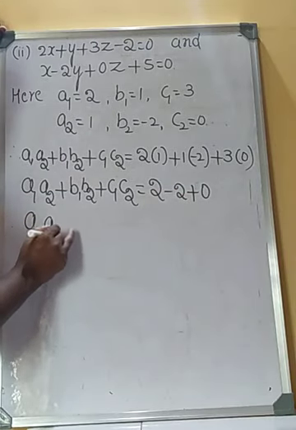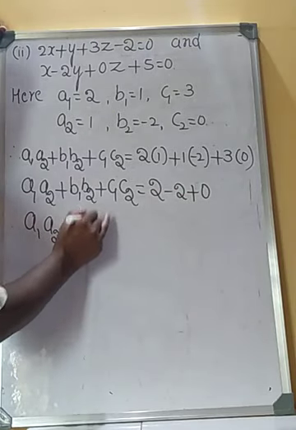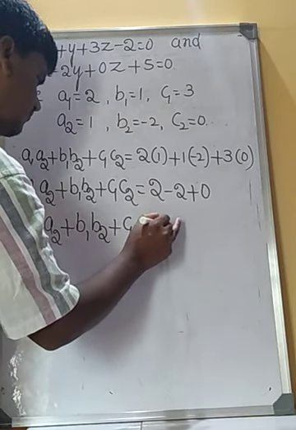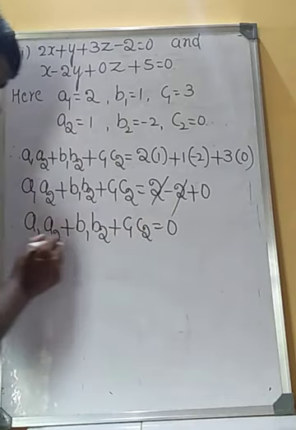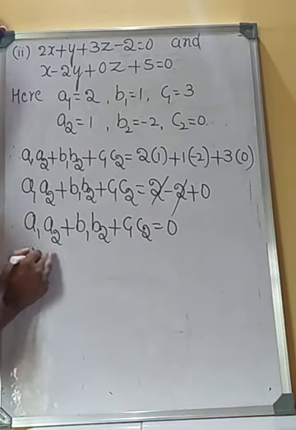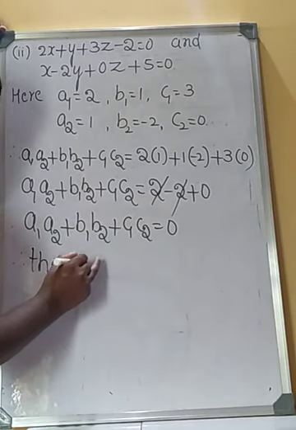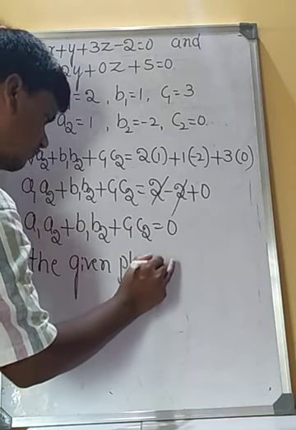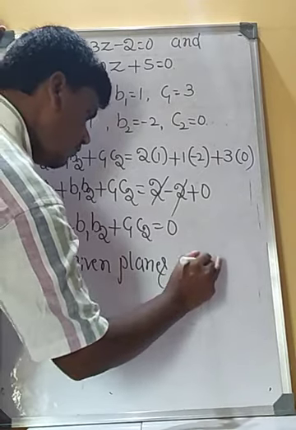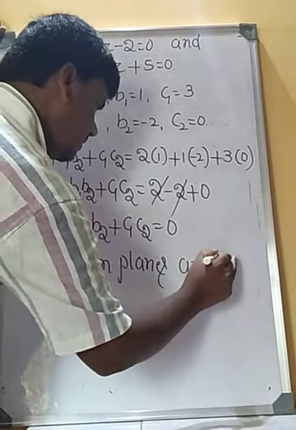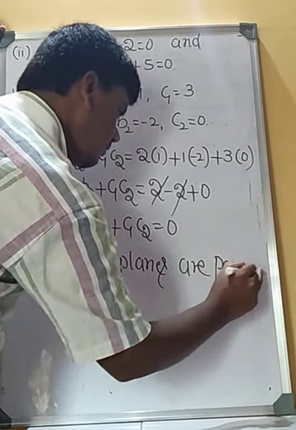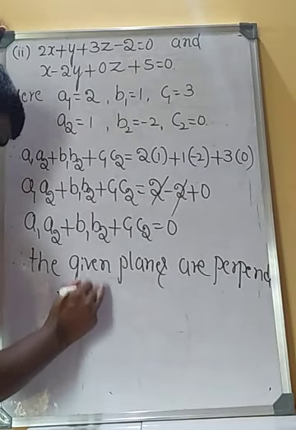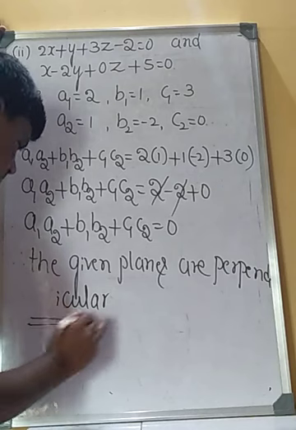Therefore, a1 a2 plus b1 b2 plus c1 c2 equal to 0. Therefore, the given planes are perpendicular to each other.